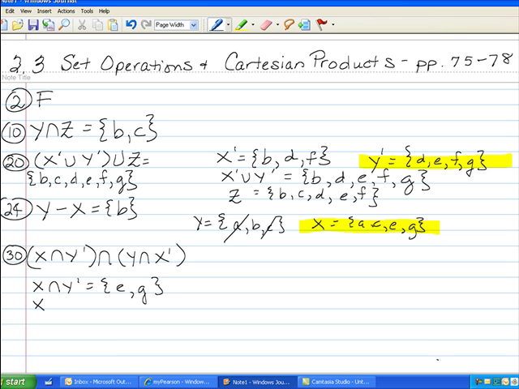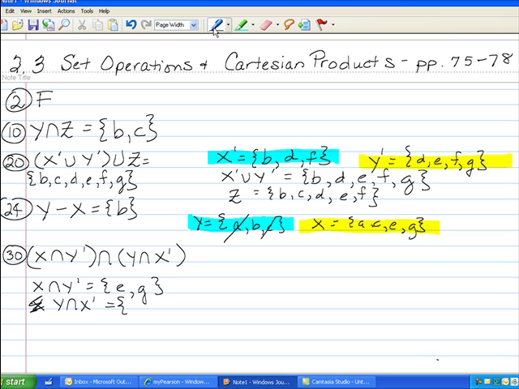Okay, now Y intersect X complement. Okay, this time, let me get the blue. We want Y intersected with X complement. So let's look and see, what do they have in common?